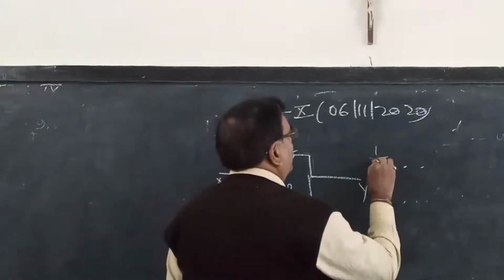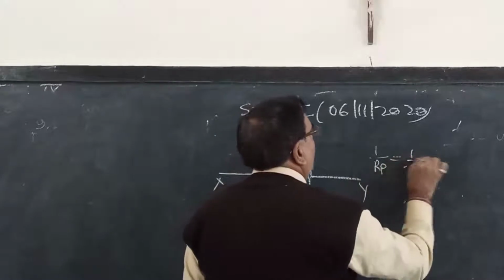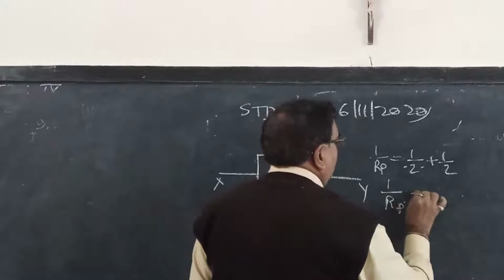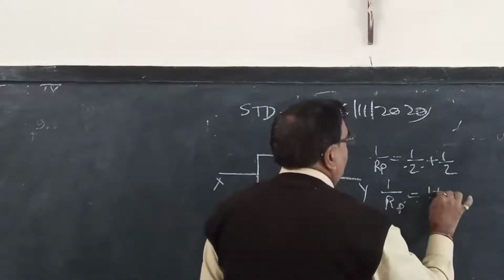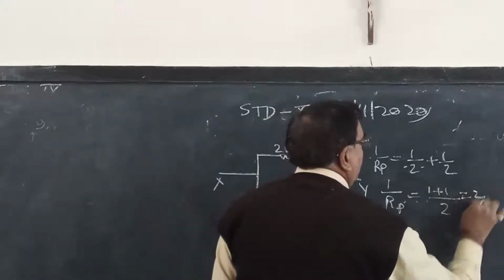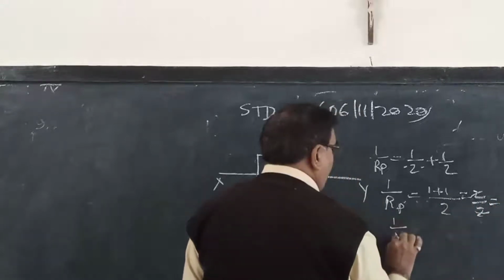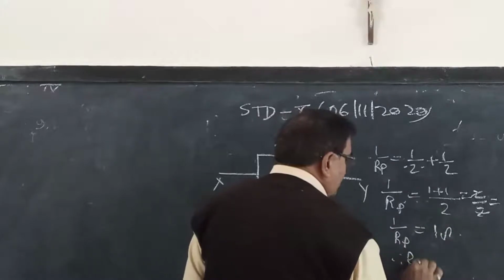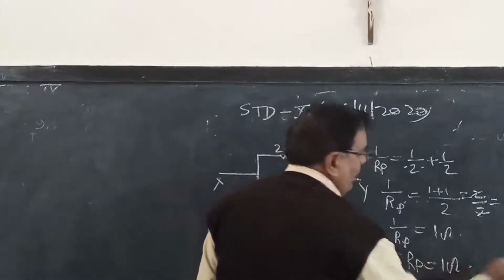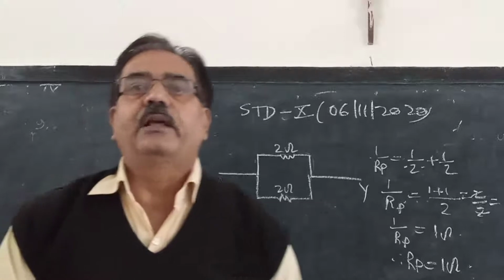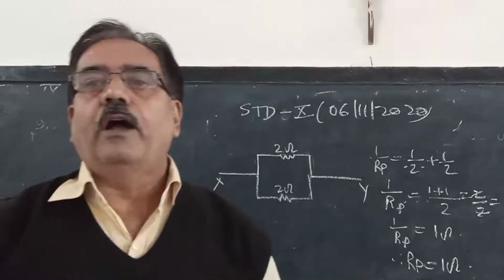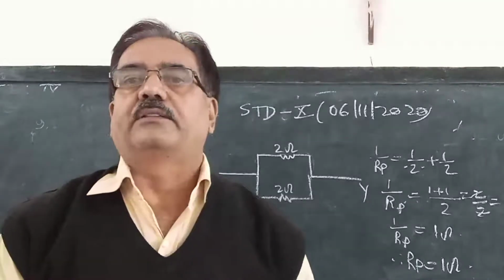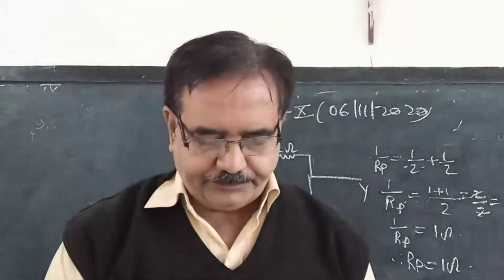Now 1 by Rb is equal to 1 by 2 plus 1 by 2. LCM is 2, 1 plus 1 is 2 by 2, that is 1. So 1 by Rb is equal to 1, which means the equivalent resistance is 1 ohm. This is our answer. In this you only have to look at the diagram and identify the paths. How many paths are there?